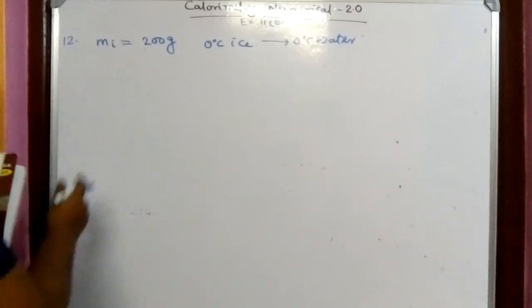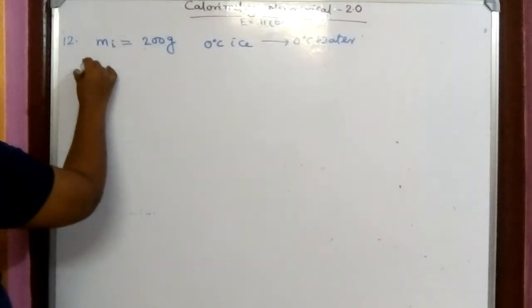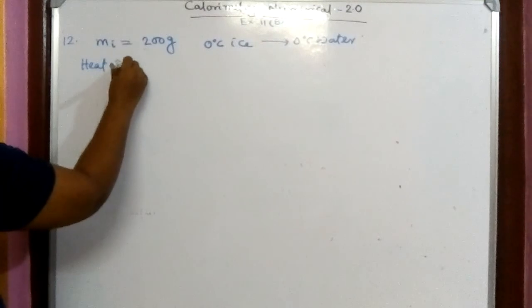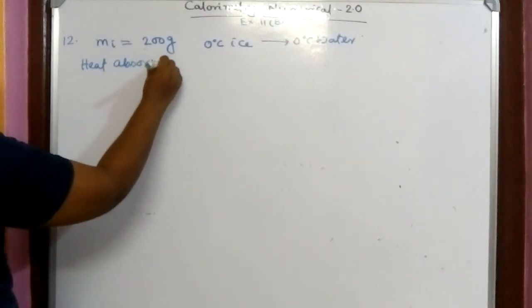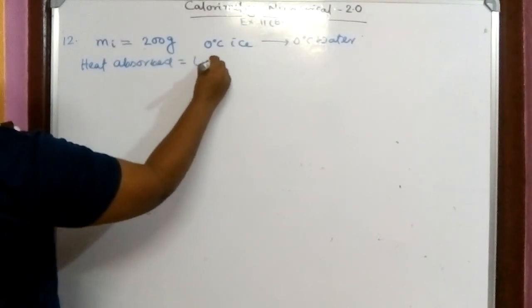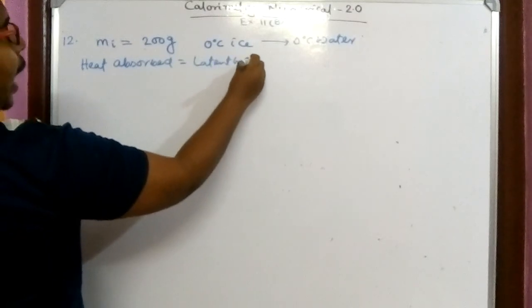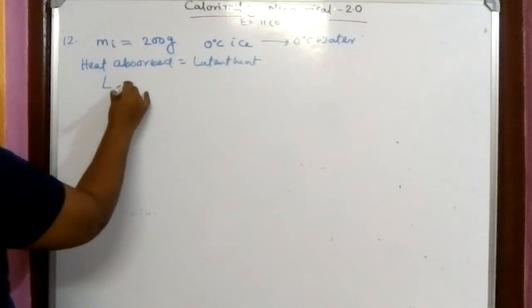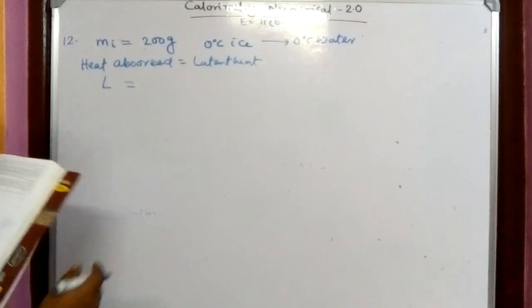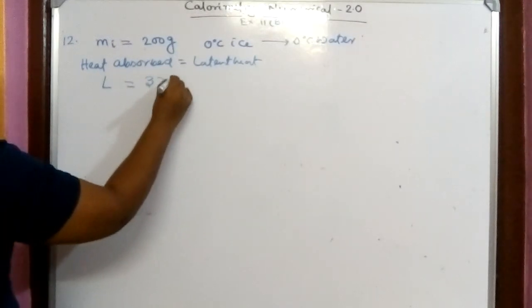So what heat is needed? The heat absorbed should be the latent heat, and your specific latent heat L is already given, that is 336 joule per gram.